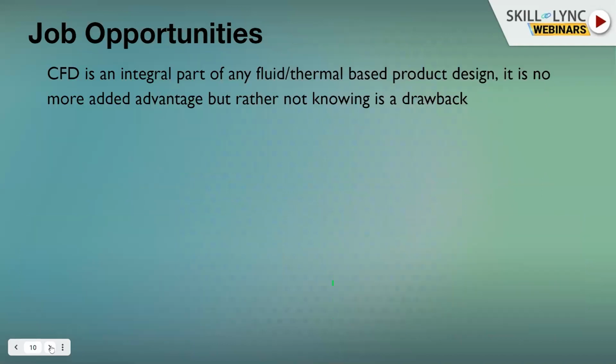Okay, so this is the job opportunity part. As I told earlier, when I joined for a job 15 years back, CFD was not something where, if I knew its advantage, fine; if I didn't know, nobody cared, at least in the product industries. That was the situation, but nowadays it's not like that.